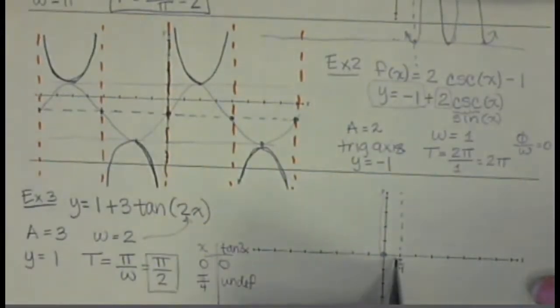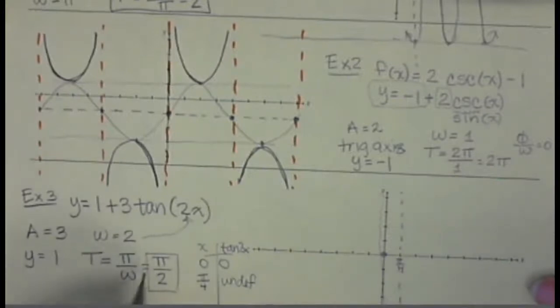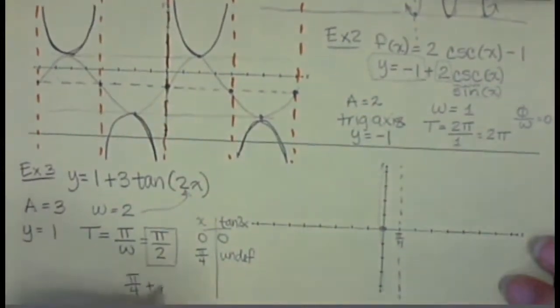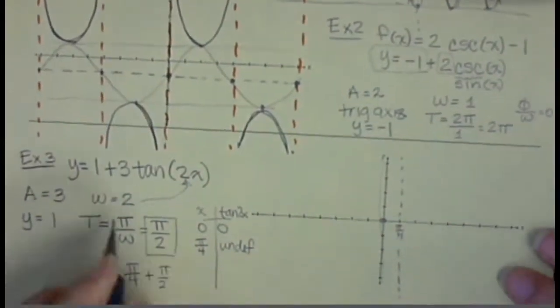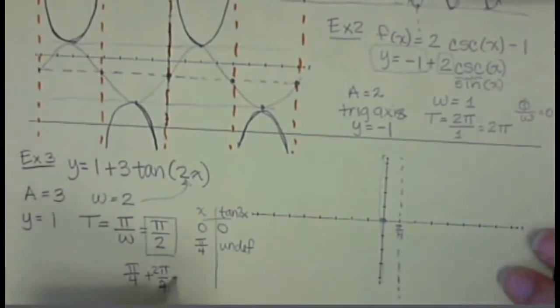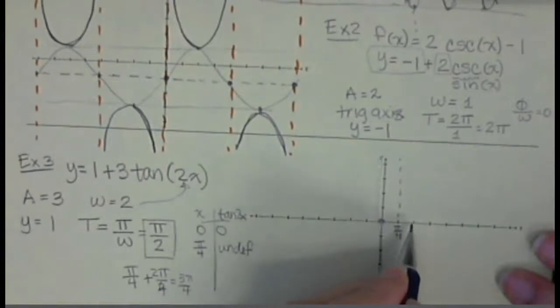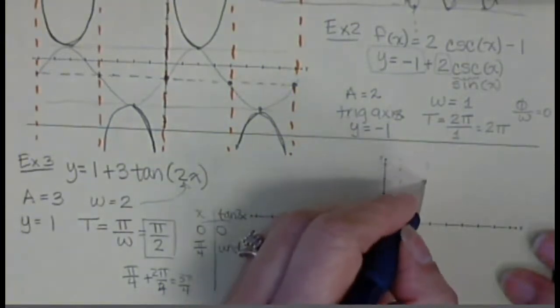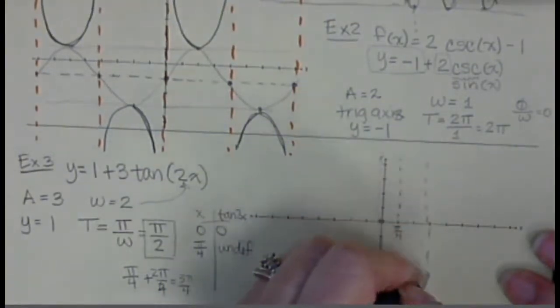From here, I know that if I add pi over 2 to that, so pi over 4 plus pi over 2, that's the same thing as 3 pi over 4. So if I come over here in my graph, that's 1 pi, 2 pi, 3 pi over 4. I'm going to have another vertical line there.